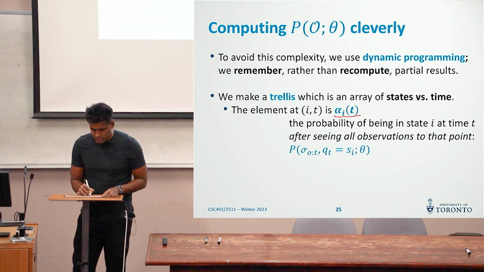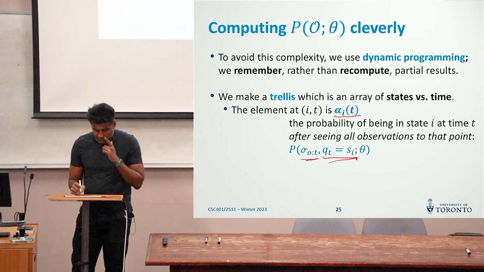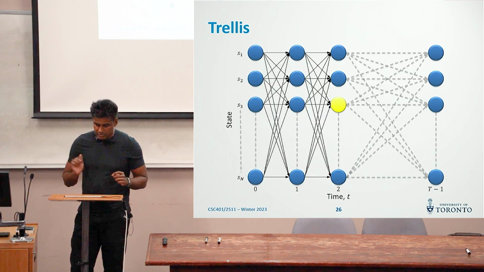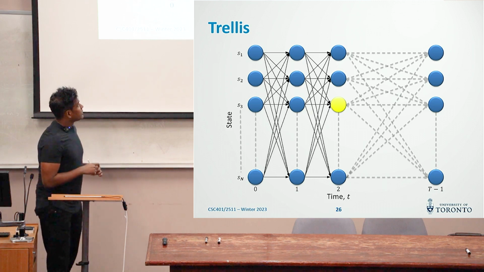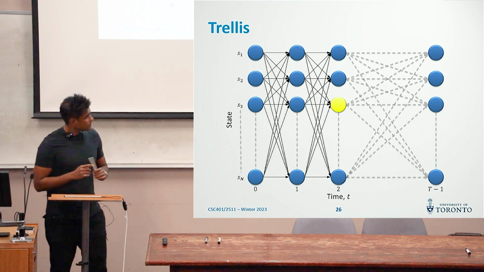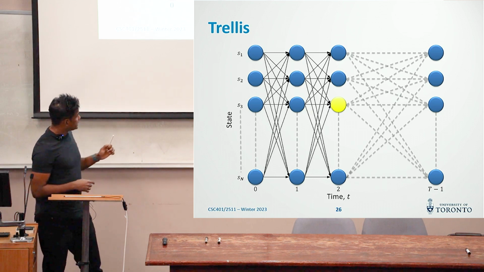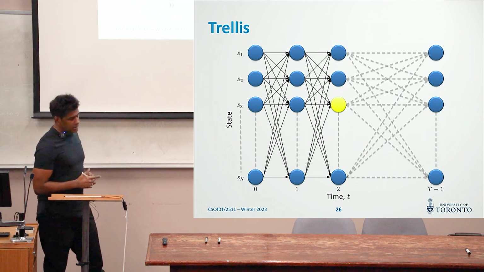So we've seen all the observations, we are in state S_i, and this is the probability. How can we use this? Let's take a look. This is our trellis structure. The x-axis shows the time. It's 0-indexed, so we go up until T minus 1, and we have N states.